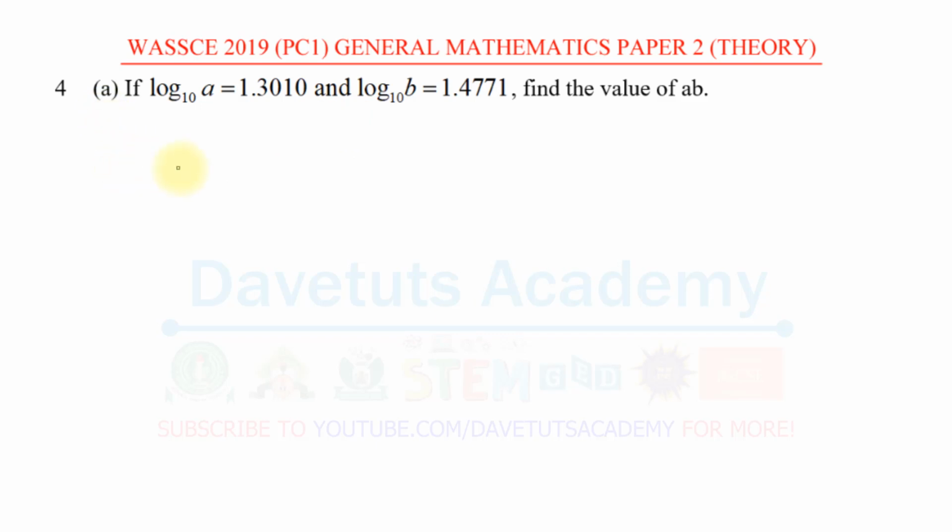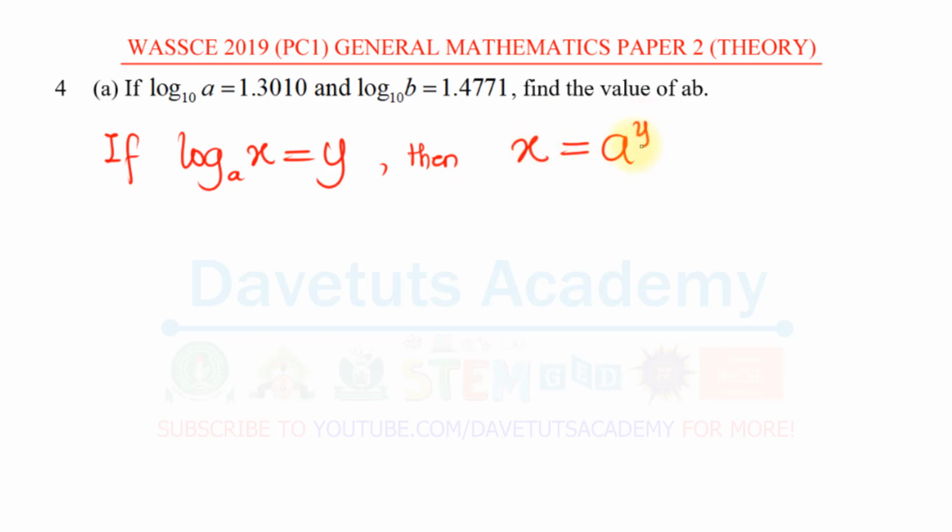To do a logarithmic transformation, it is expressed that if we have log to base a of x equal to y, then by logarithmic transformation we can say that x is equal to a raised to power y.